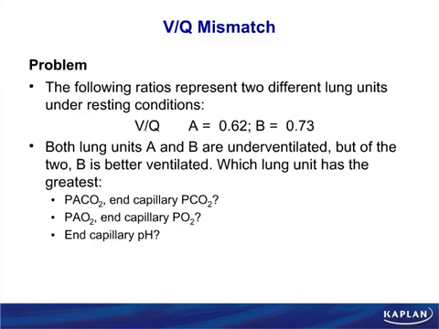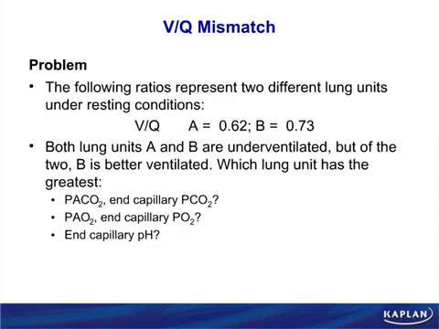VQ goes down, oxygen goes down. So A is going to have a lower oxygen than B. As VQ goes down, CO2 goes up. So CO2 is going to be higher in A than B. And since CO2 is higher, pH will be lower.